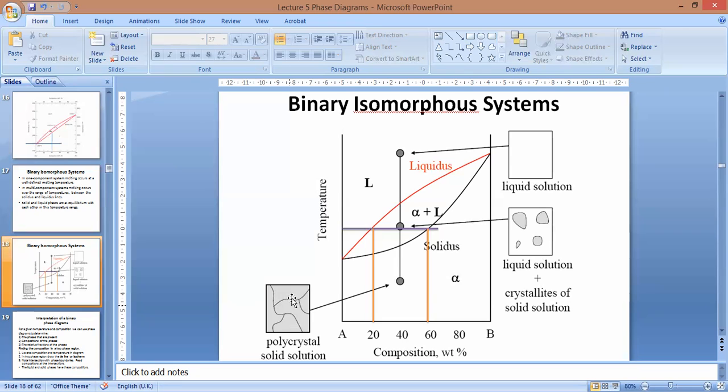When they join together there, you have the boundaries differentiating the different crystal arrangements, or what is known as a polycrystal solid solution. So from this point here, no solids, then here they begin to form, and finally here you have a complete solid with no liquid present in it.